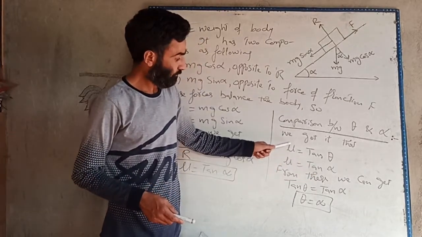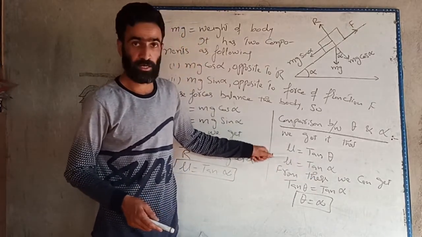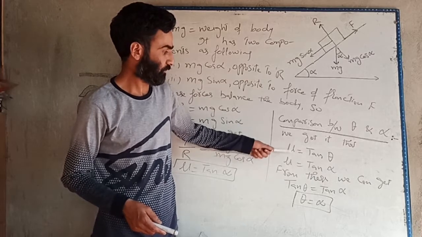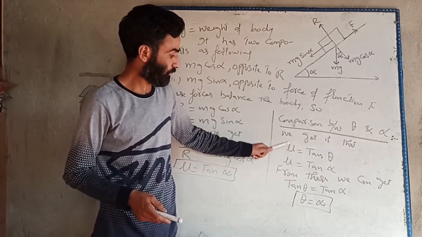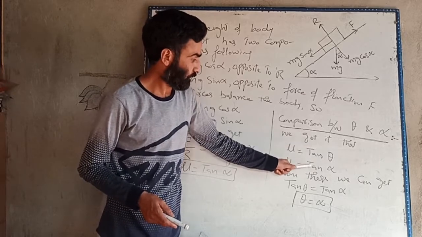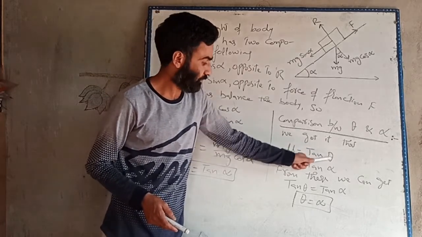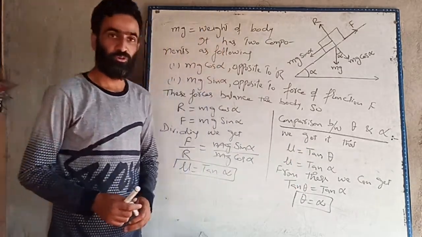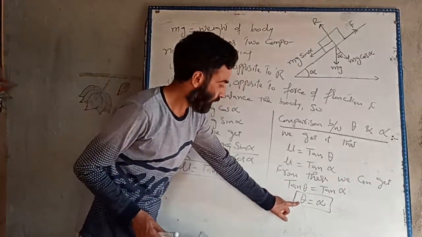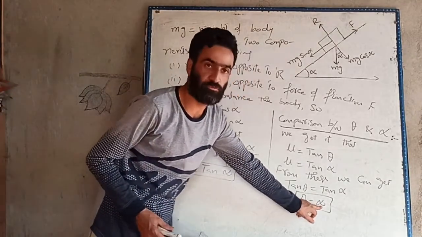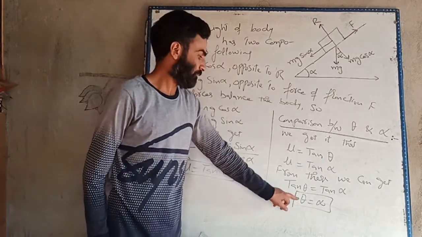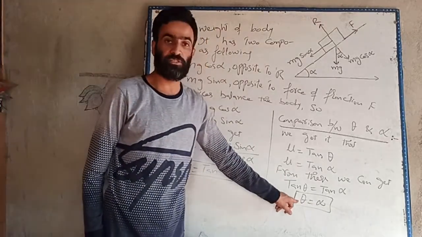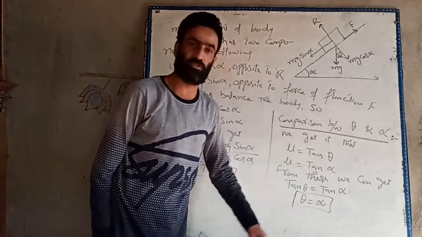So we got two equal relations. By comparing these two, we get theta is equal to alpha. So this is the angle of friction and this is the angle of repose, so they are one and the same thing. We can say that the angle of friction is always equal to the angle of repose.